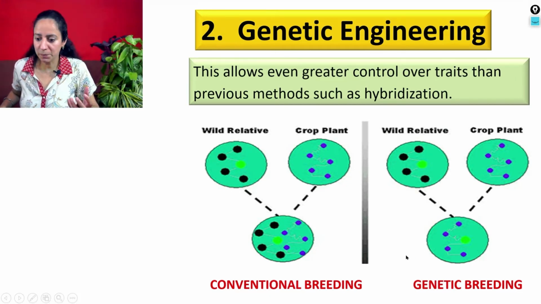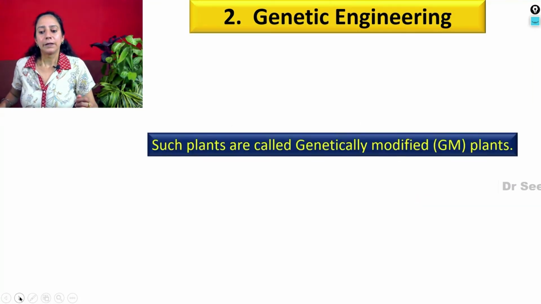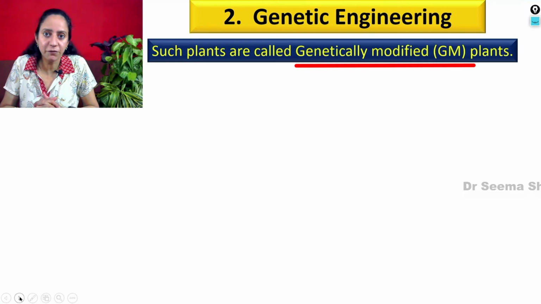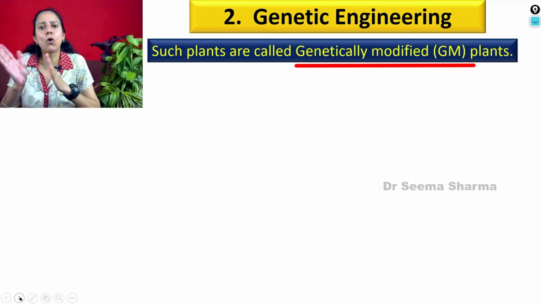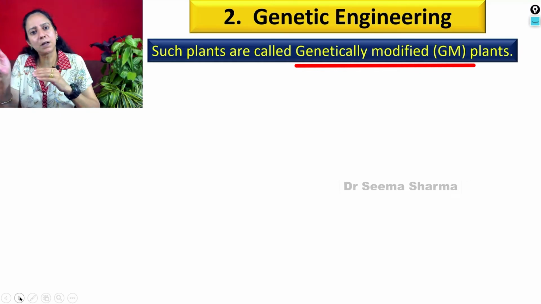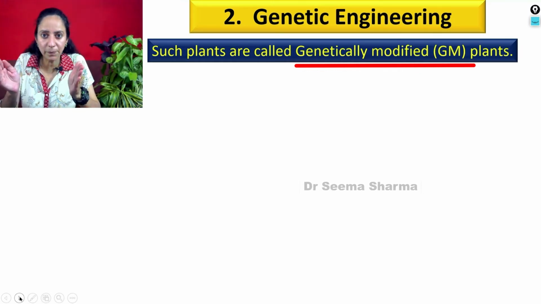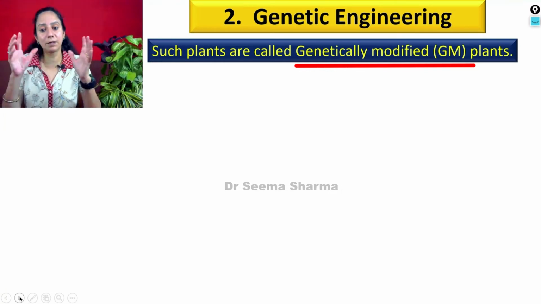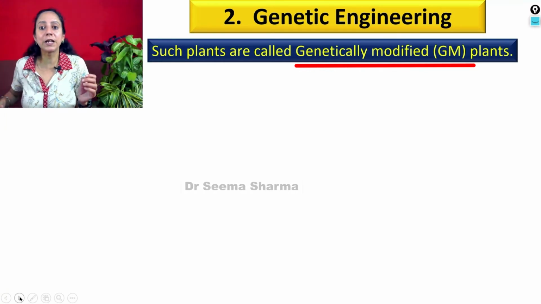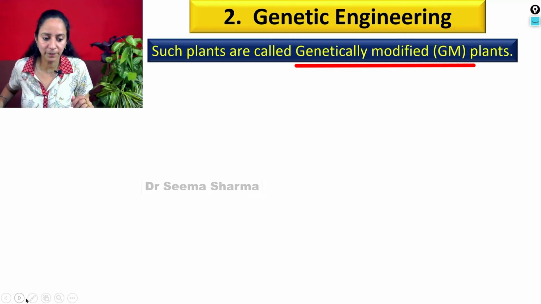So the plants which are made through genetic engineering are called genetically modified plants because in their DNA we have inserted a small fragment of DNA of some other organism, some other plant. So we have modified their genetic makeup. So they are genetically modified plants.